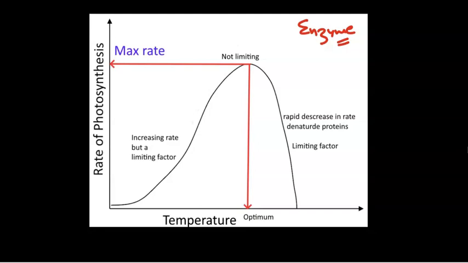So as we increase the temperature in this zone here, we get increasing kinetic energy of the reactants and the substrate with the enzyme, increasing collisions, and the rate of reaction increases. However, we know that as we increase the temperature and the kinetic energy, the stability of the photosynthesis enzymes will be decreasing. And this corresponds to the fall off that we see here.